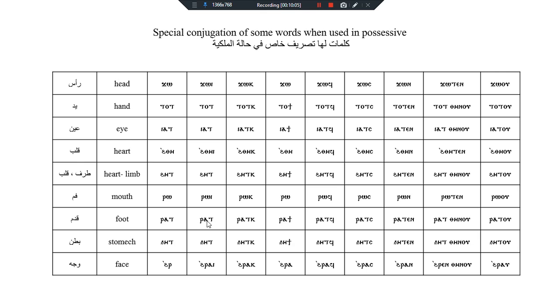Foot, rat, ratk, rati, ratf, rats, ratin, ratsino, ratu. Giet, stomach, giet, gietk, gieti, gietf, giets, gietin, gietsino, gieto. Ihrat means face, ihrai, ihrak, ihra, ihraf, ihras, ihran, ihrinsino, ihrau.